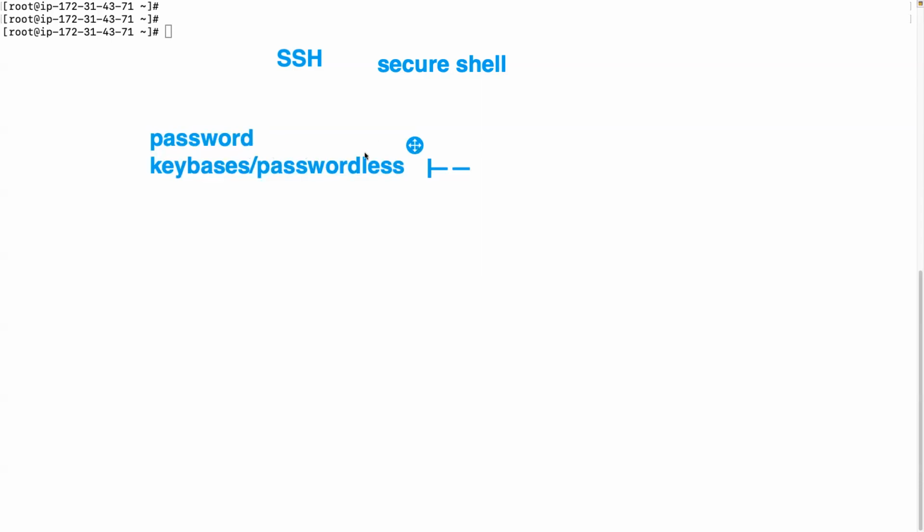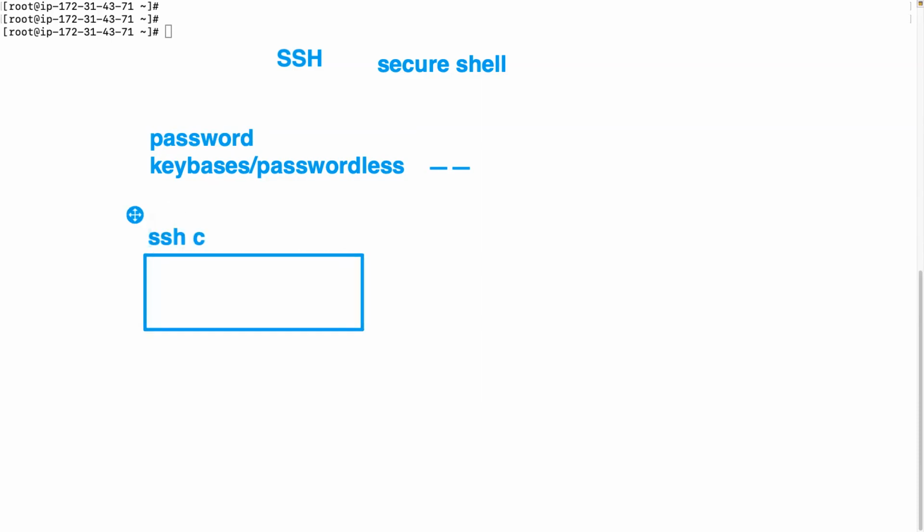This is how we use it. And now here also we'll use key-based authentication. How does that happen? Let's suppose this is my laptop, this personal machine or office laptop.